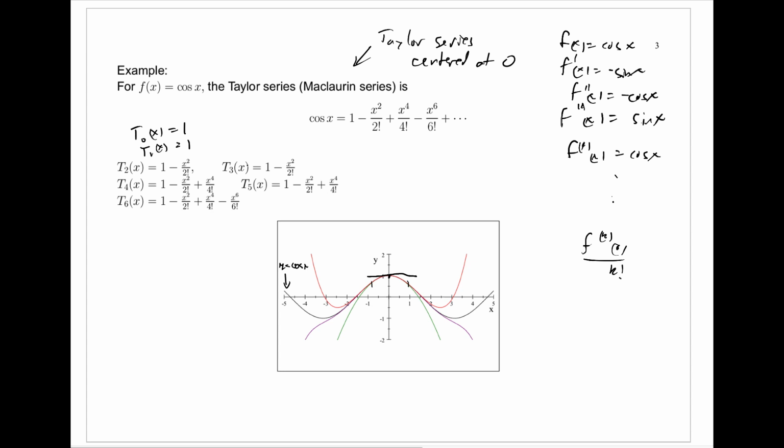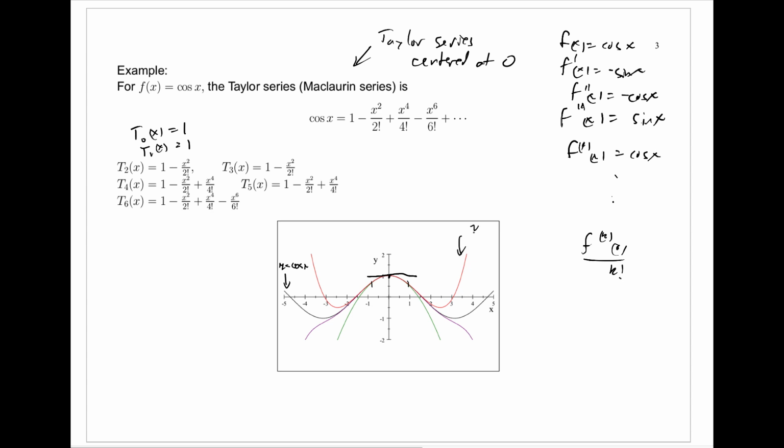Notice that t3 of x, the third degree Taylor polynomial, is exactly the same as t2, again because the coefficient on x cubed is 0. So you don't get anything better by doing a third degree Taylor polynomial than you do by doing a second degree Taylor polynomial, just because that third degree term has a 0 as a coefficient. The fourth degree Taylor polynomial I have drawn here in red.